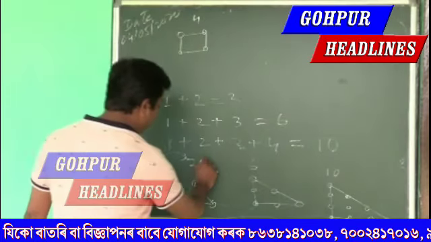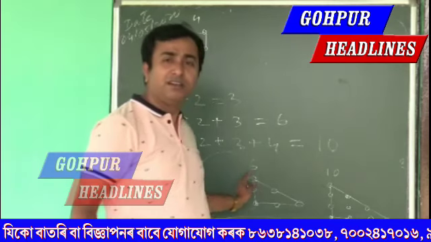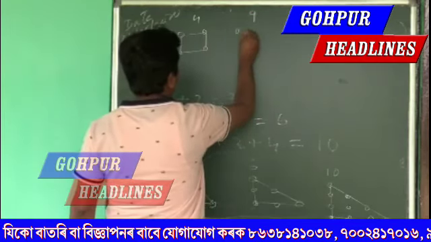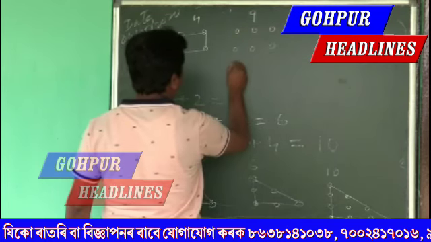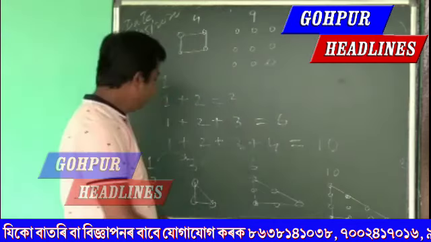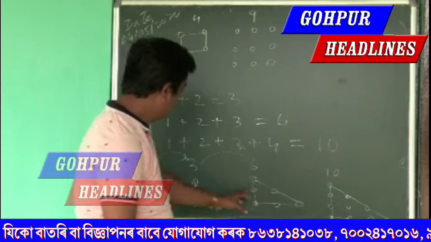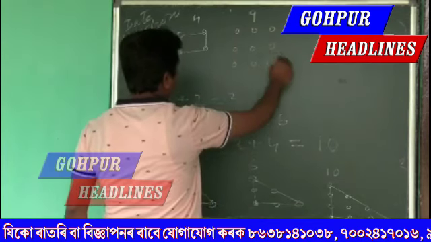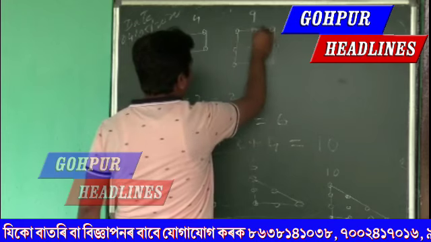Again, when we add these two numbers, 3 plus 6, it's a 9. Then it is 1, 2, 3, 1, 2, 3, 1, 2, 3. When I join this triangle and this triangle, another square will form.